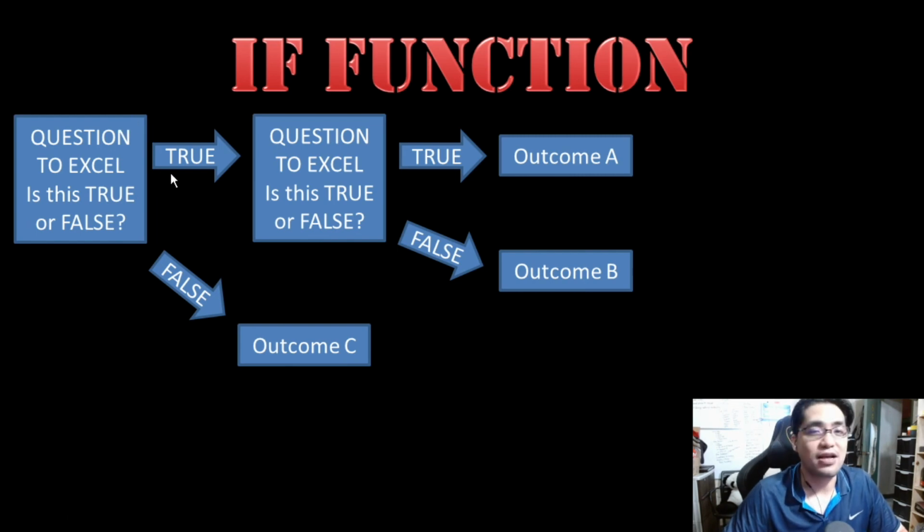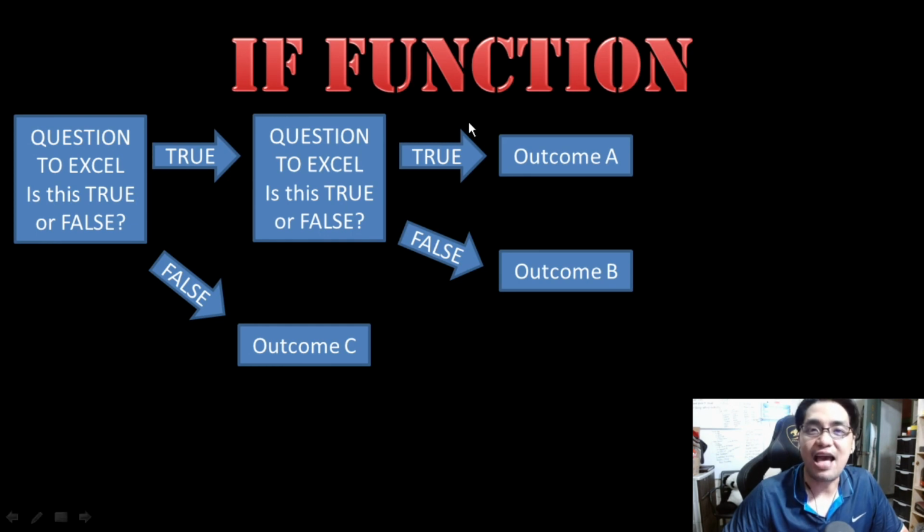So for example, just like what you can see here on the diagram, you ask Microsoft Excel a question. If it is true, then you ask Microsoft Excel another question to evaluate whether it's true or false. So instead of having just 2 outcomes, you now have 3 outcomes in this chain.